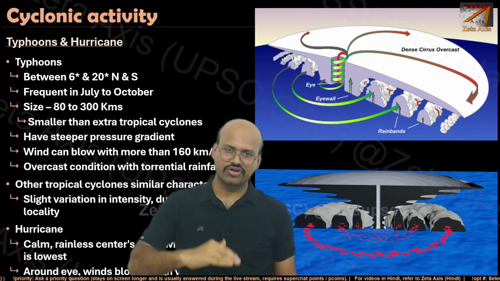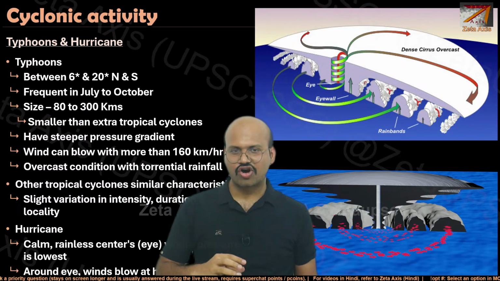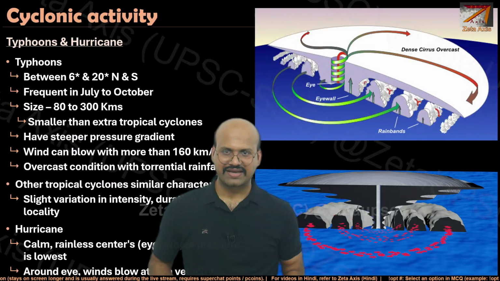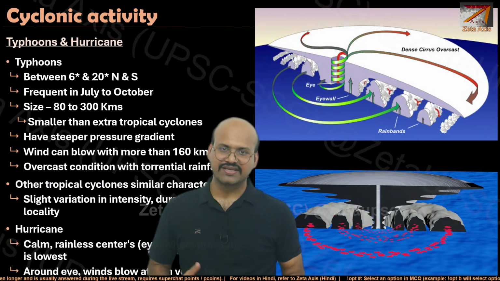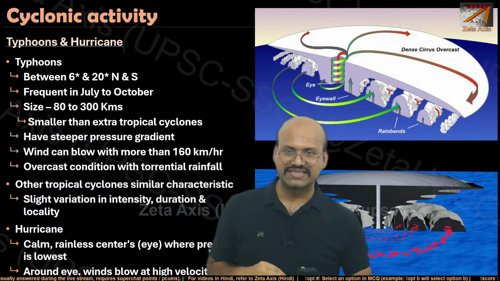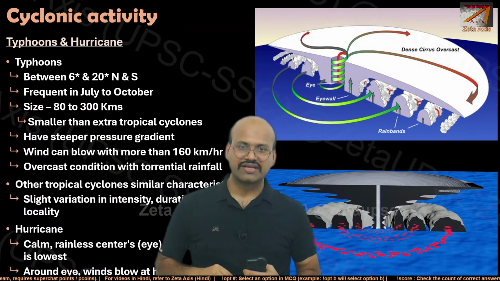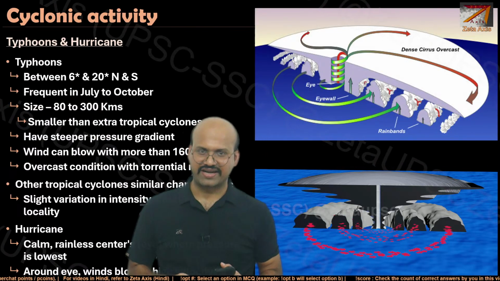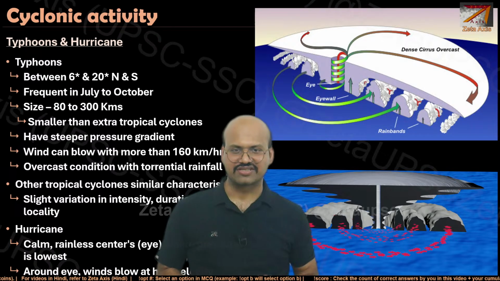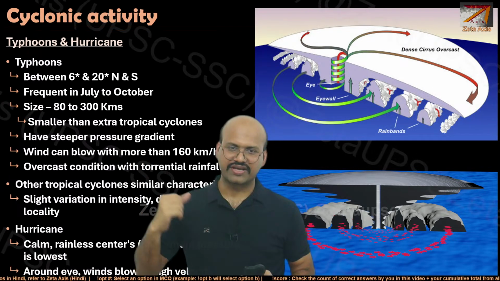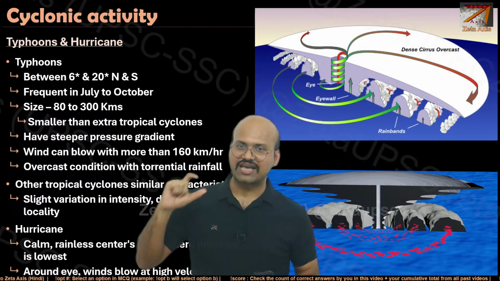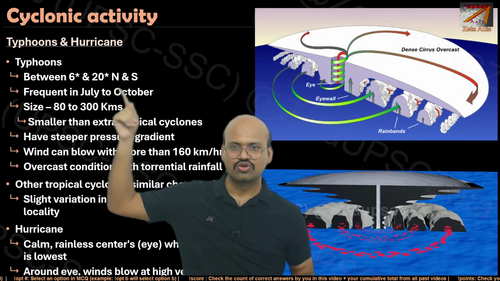That is, from 0 degree to 5 degree, there is almost no Coriolis force. That is why we do not see these tropical cyclones in these regions, that is below 6 degree latitude. Above 20 degree latitude, the sea surface temperature is not that high to create that much moisture to cause this cyclonic activity. Therefore, these cyclonic activities are confined to these regions.